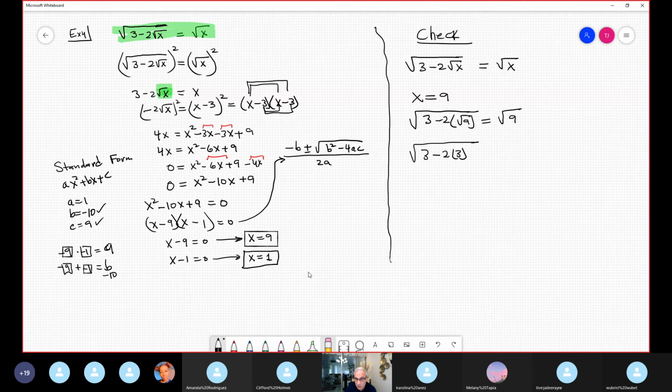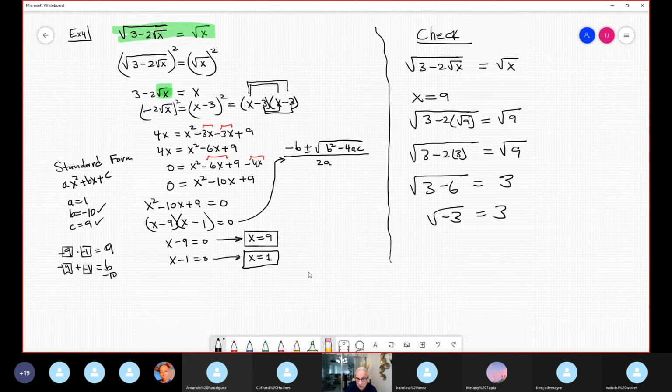Square root of 9 is 3. And 2 times 3 is 6. 3 minus 6. And square root of 9 is 3. So on the right hand side we have 3. Well, on the left we have something weird because 3 minus 6 is negative 3. And you know que square root of a negative number is imaginary, so never is equal to 3. Therefore, the solution is wrong.